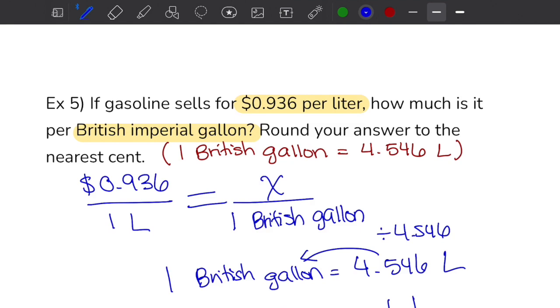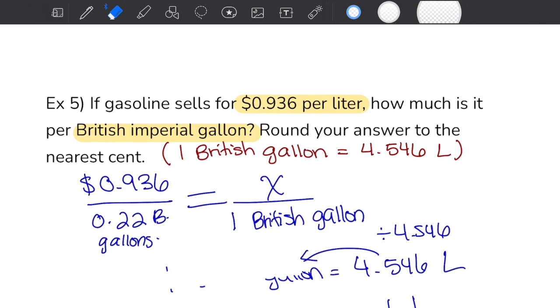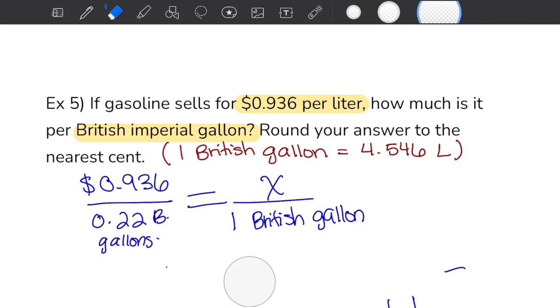So I know that 1 liter is equal to 0.22 British gallons. Okay, so I'm going to erase this and I'm going to put 0.22 British gallons. Okay, I will show you the other method afterwards as well. In case this one is confusing, just hang in there and I'll show you the other method.